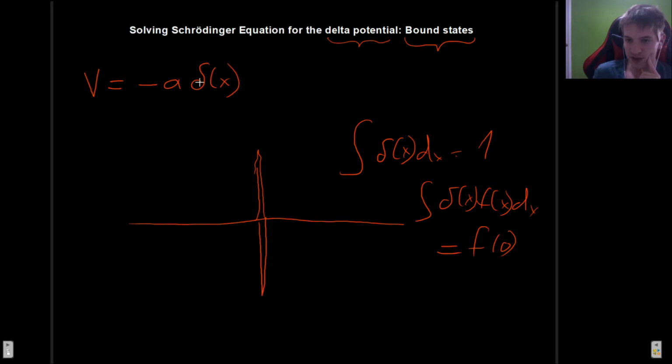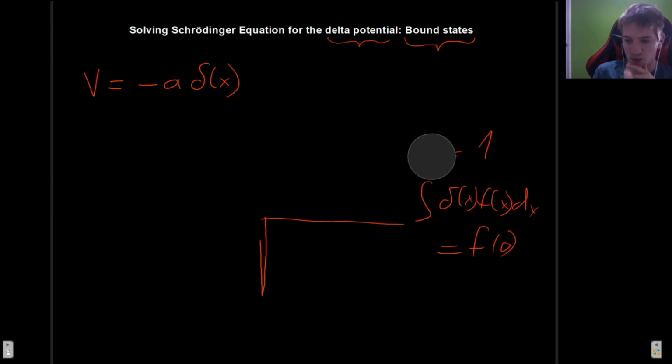In this case, if it's just delta x, it's going to be f of 0. The delta could be shifted, but it doesn't matter. That is the whole idea. Because the integral is basically a summation, and delta is 0 everywhere except at this point x equals 0, the only term that is not 0 is going to be f of 0, so the sum is only going to be f of 0. So those are the important properties.